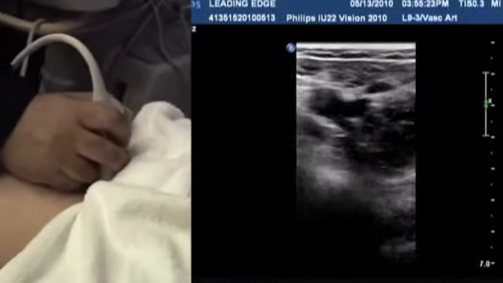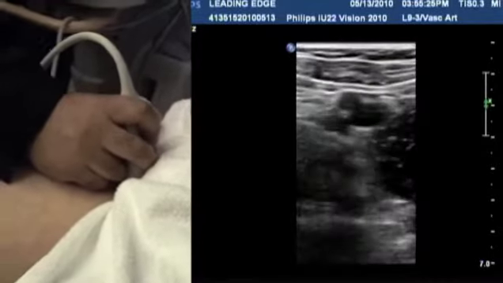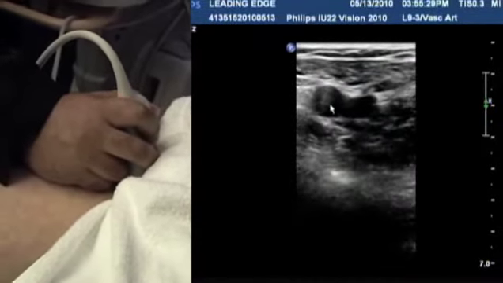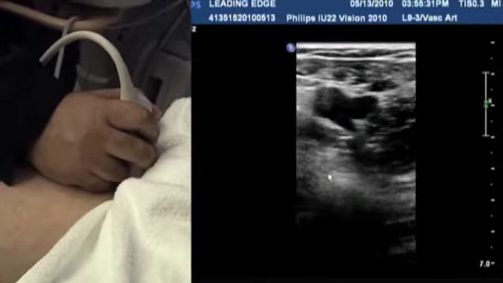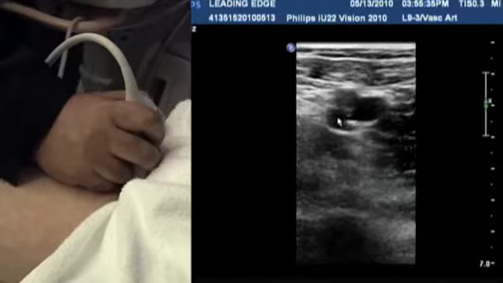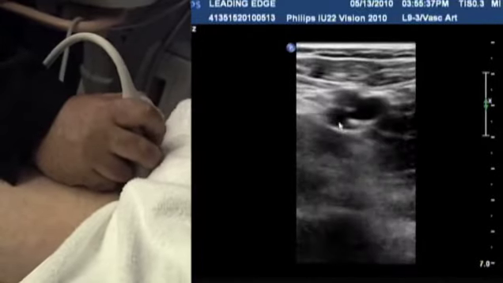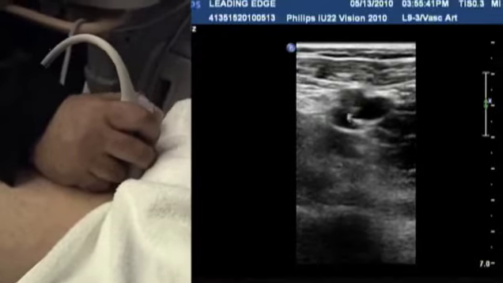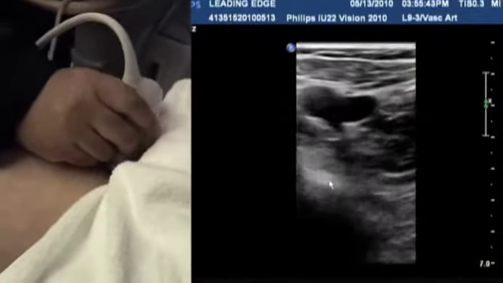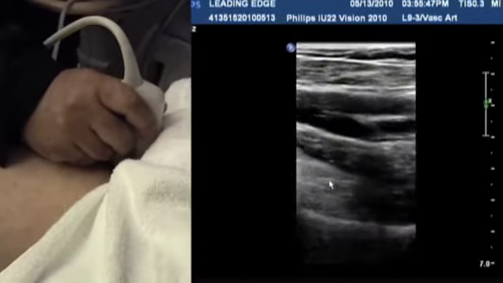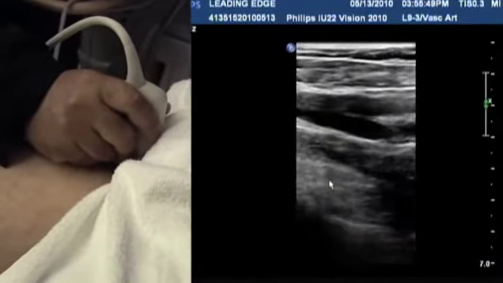And we can see here in a transverse image, this is the common femoral artery and vein. As I work my way down his leg distally, here is the bifurcation of the common femoral artery. There it is. This is the deep femoral. This is the superficial femoral. I'll just turn the transducer then to a long axis. And let's take a quick look at that with color.